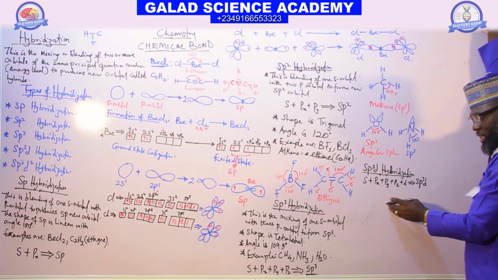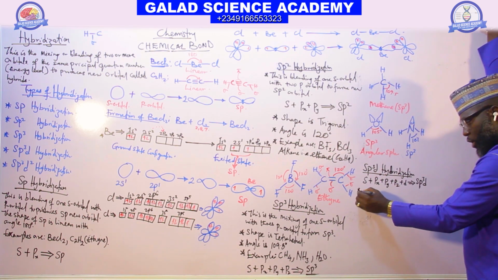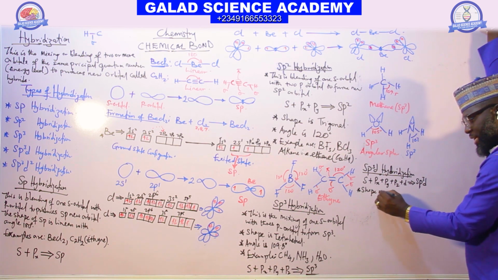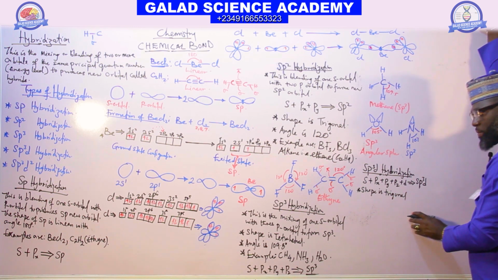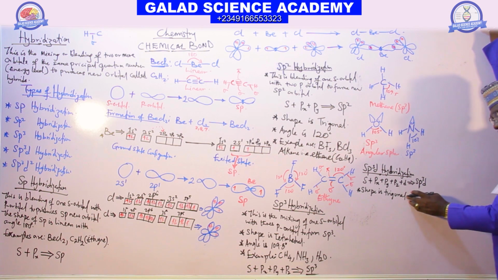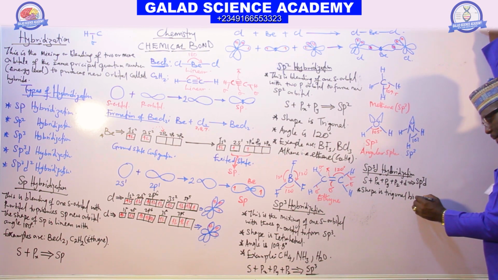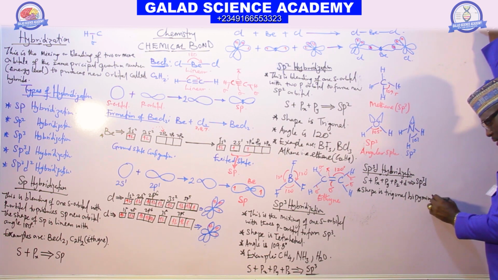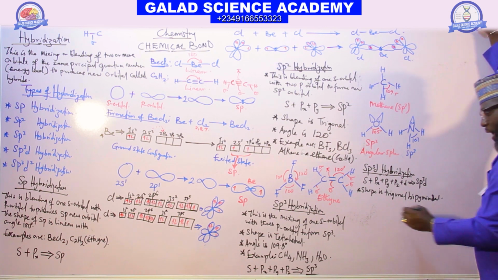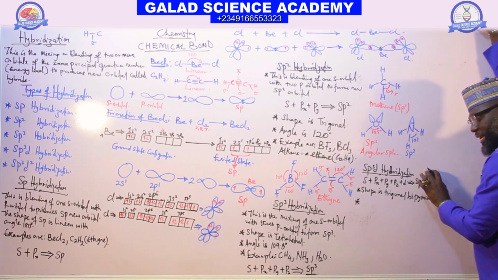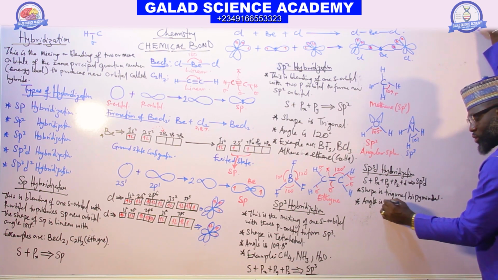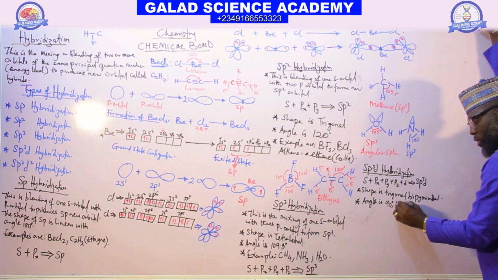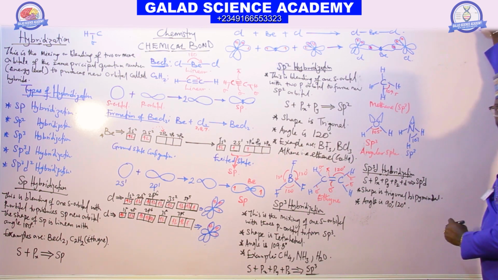The shape of this hybridization is trigonal bipyramidal, and the angles are 90 degrees and 120 degrees.